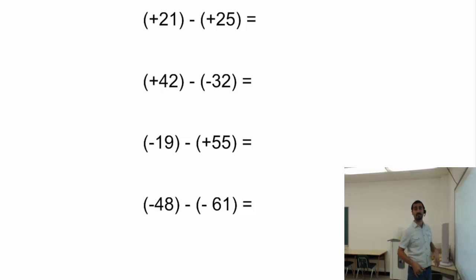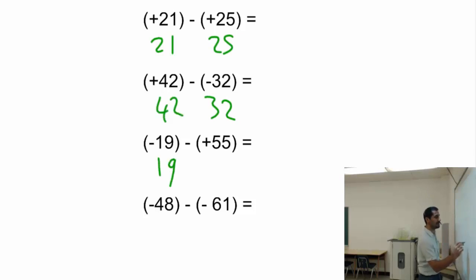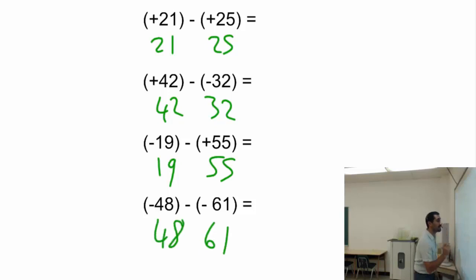Let's take out the numbers from the brackets first. 21, 25, 32, 42, 19, 55, 61, 48. So 21 comes out as 21, and I have to decide between the two signs here. I'm going to get rid of the positive sign, so I will have only the minus sign here. And look at that.